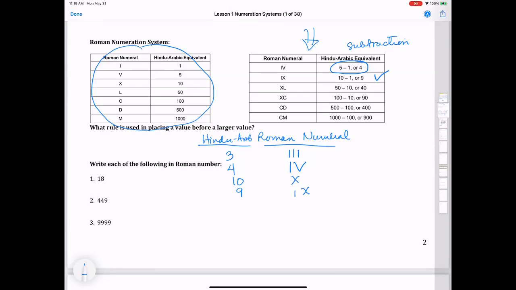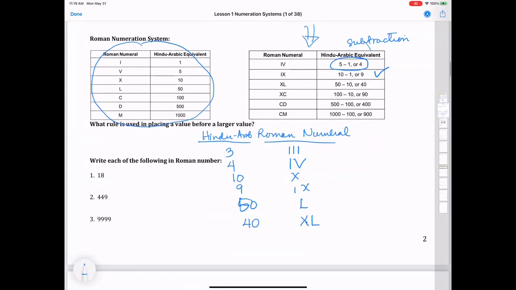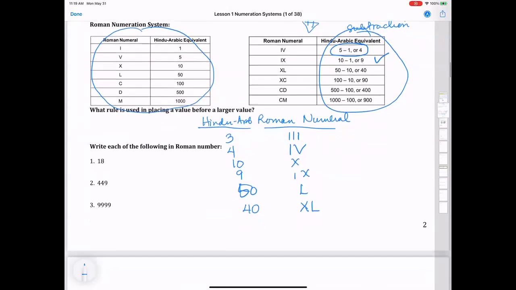Now, to represent 50, 50 is 5 tens, right? So since L is 50, if I want to represent 40, then I'll be using one set of that unit, which is tens, which is X, and take it away from 50. So take note of these conversions here.